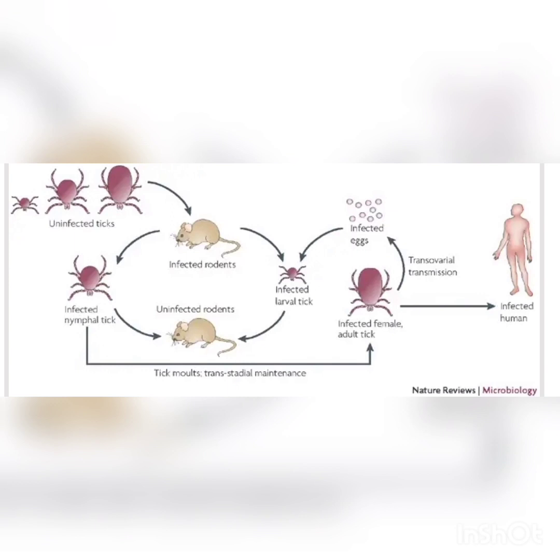After the bite of the vectors, that is arthropods like mites, lice, fleas, ticks, or when they pass their stool and that stool enters the pores in the skin, that leads to the infection among human beings.